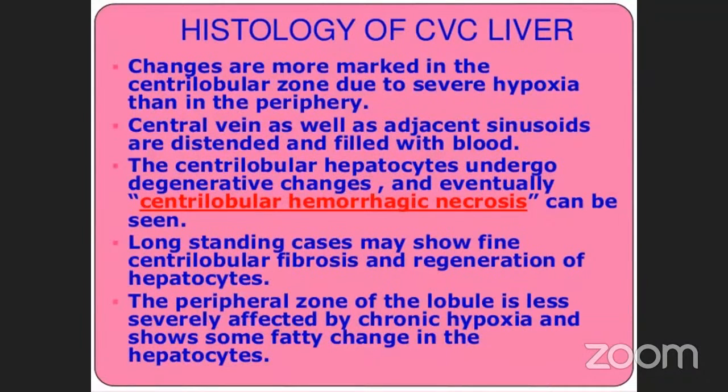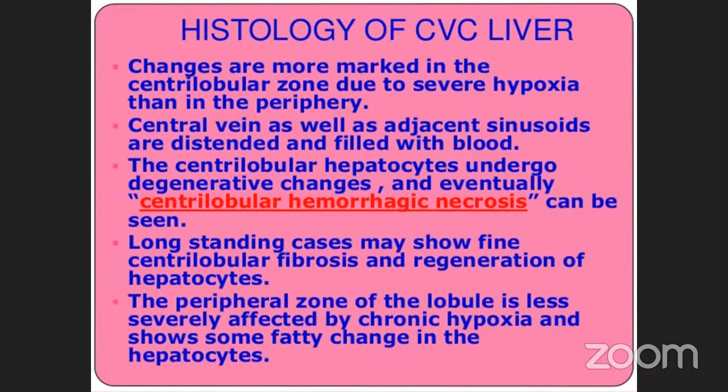The centrilobular hepatocytes undergo degenerative changes and eventually there is a centrilobular hemorrhagic necrosis, which gives the nutmeg liver appearance. Long-standing cases show fine centrilobular fibrosis.